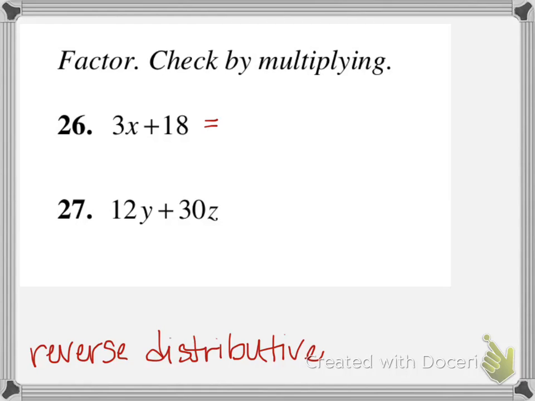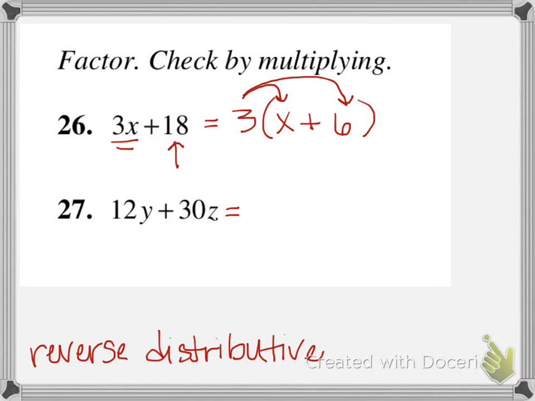So we're going to put a 3 outside next to parentheses. And 3 times what is 3x? Well, x. Because if I distribute this, I will get 3x. So 3 times what gives me 18? Well, that would be a positive 6. So that's an example of factoring.